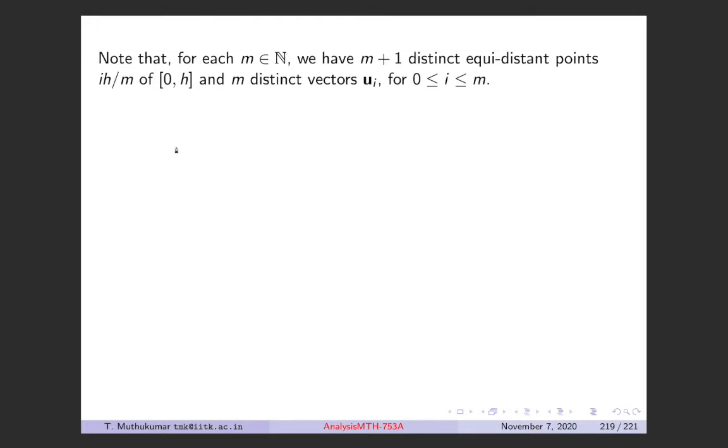I want to draw a straight line, nothing else. So think of this as a straight line, though I'm not drawing it straight. This is 0 and this is h, right?